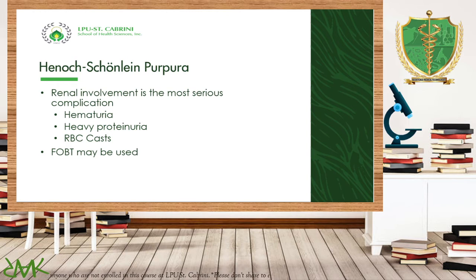In other words, you can survive, there is a remission, but 50% of the cases of patients with Henoch-Schönlein purpura may develop other forms of glomerulonephritis, or in the worst-case scenario, lead to renal failure.